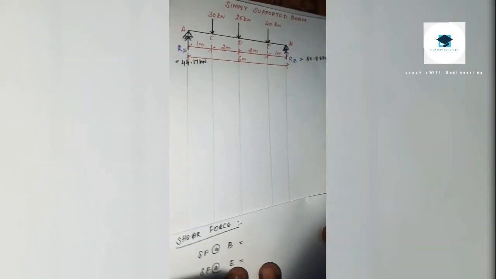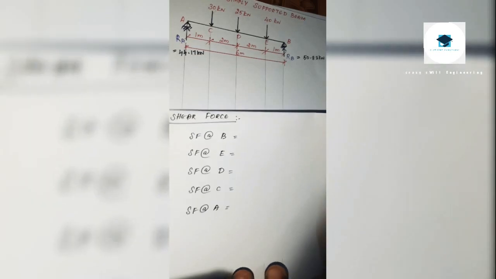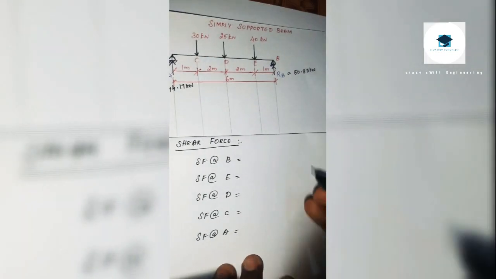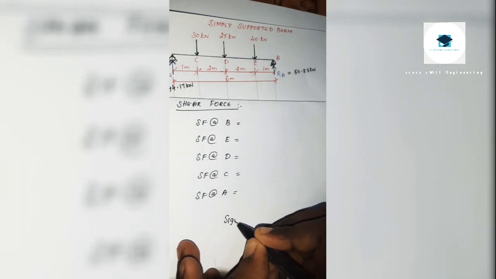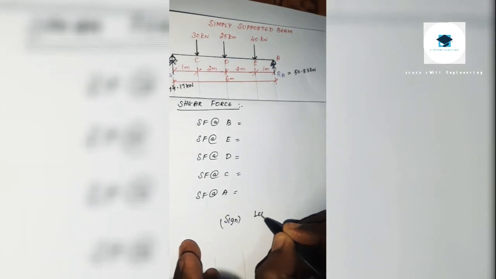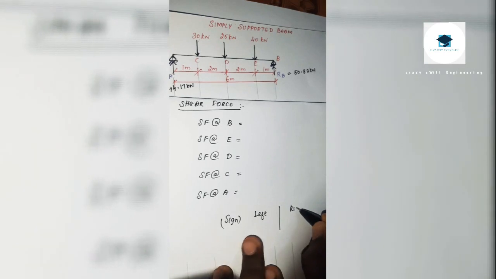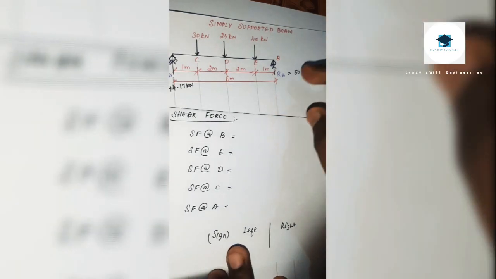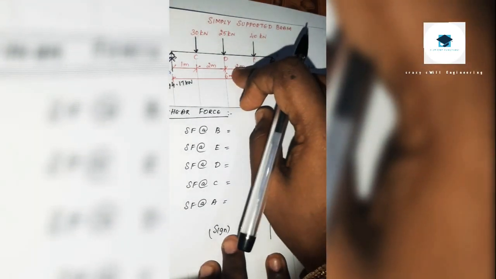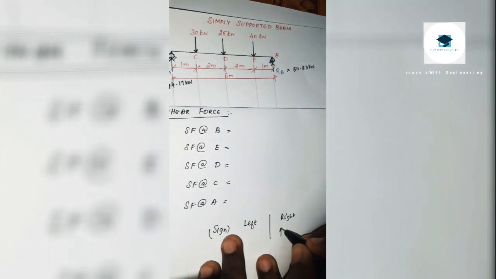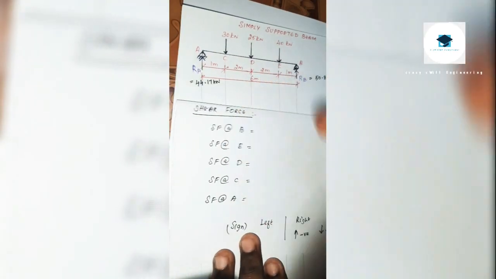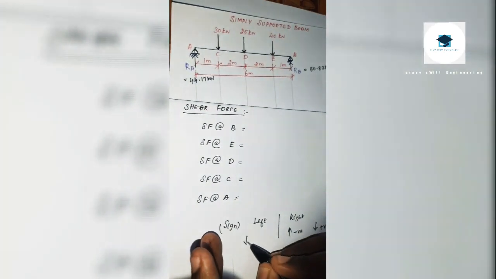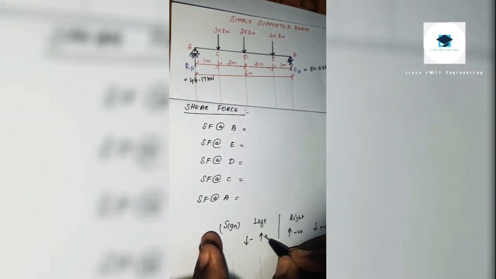Before we write shear force, a sign convention is a must. If you consider from right to left, the upward forces are negative and downward forces are positive. From left to right, the downward forces are negative and upward forces are positive.